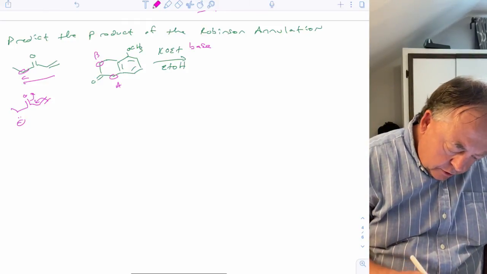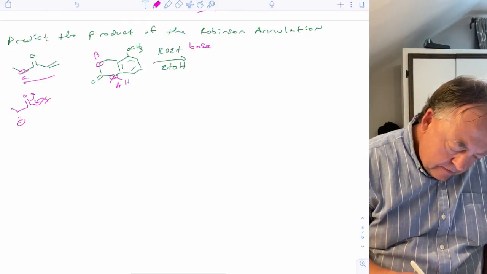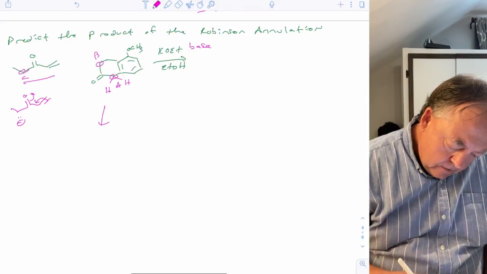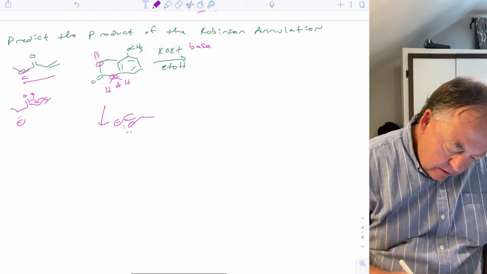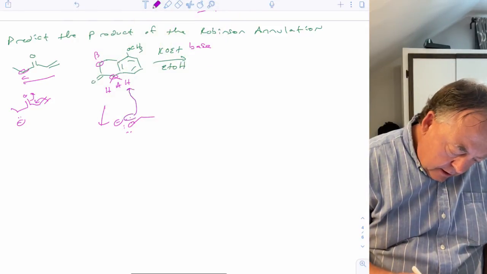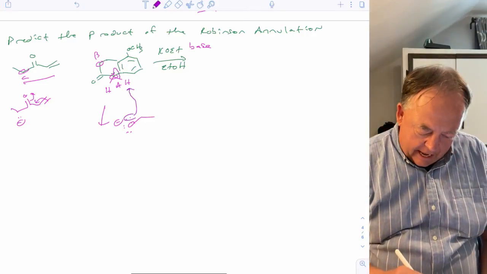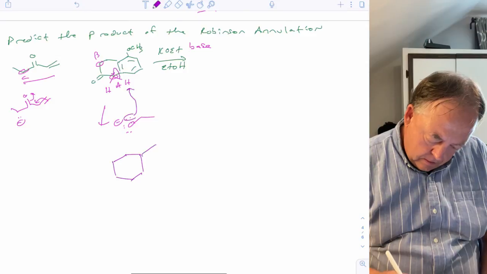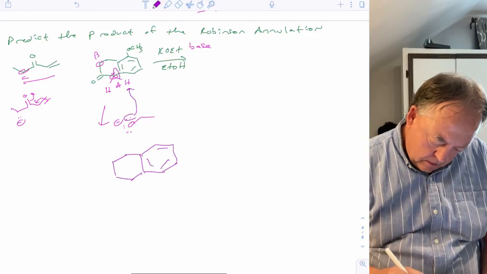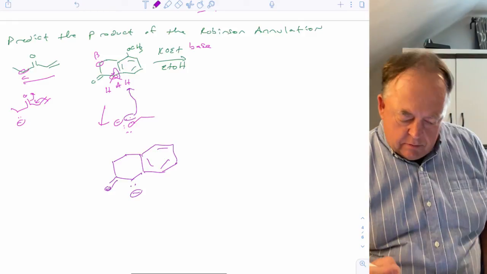So what you would do is lose a hydrogen from here. The OEt minus would take one of those hydrogens off and put the negative on that carbon alpha to that C double bond O. So that would be the preferred enolate.